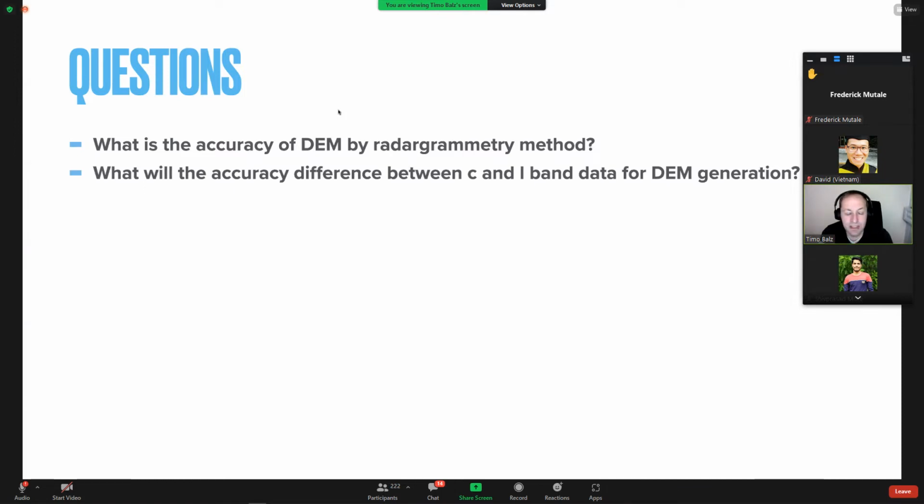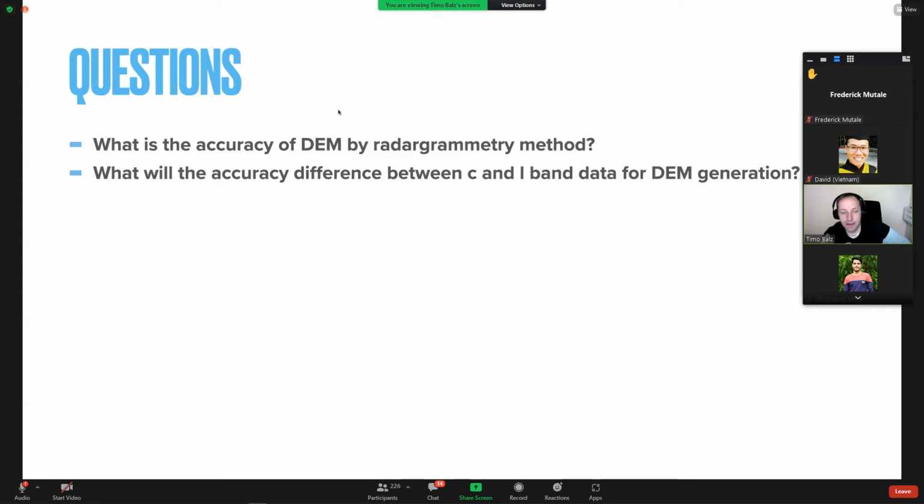So that's to say, if you have meter resolution, high resolution data, you will get something a bit less than a meter, but something in the range of a couple of meters, depending on how well you can identify the homologous points.